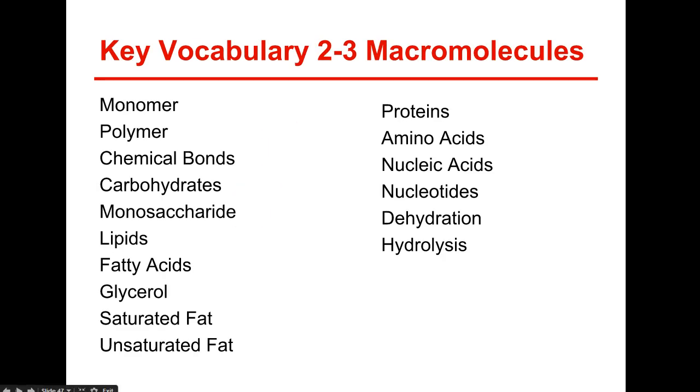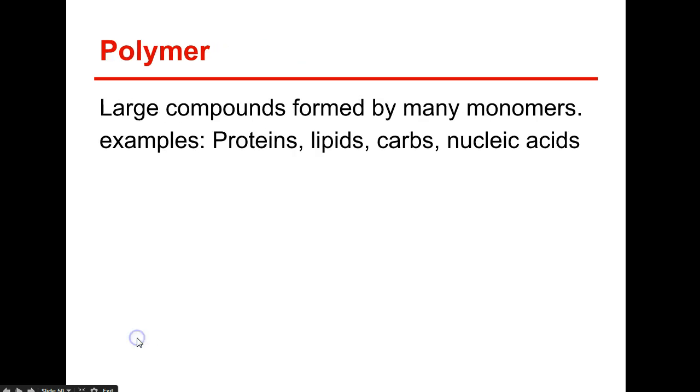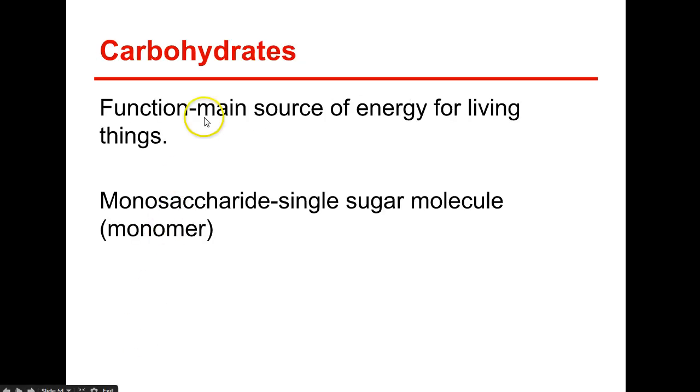Okay, our polymer is carbohydrates. That's just a real general term. An example of a monomer that would make that up would be a monosaccharide. So monosaccharide, one sugar. When I put many of these monomers together, guess what I get?